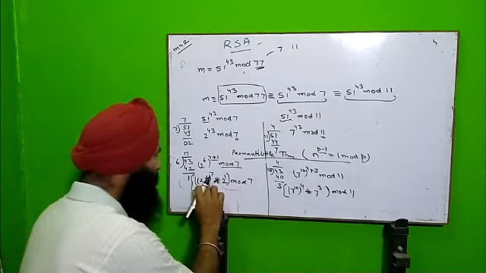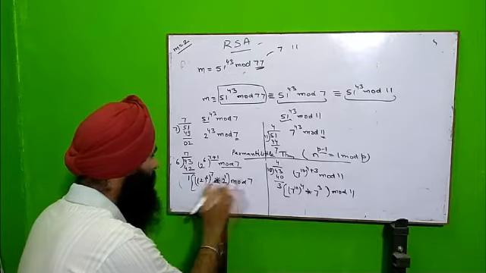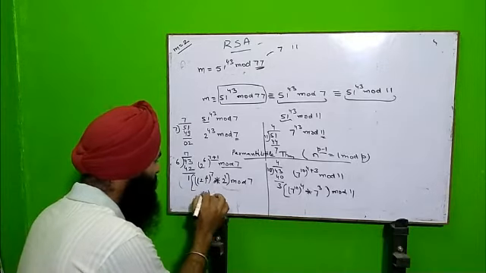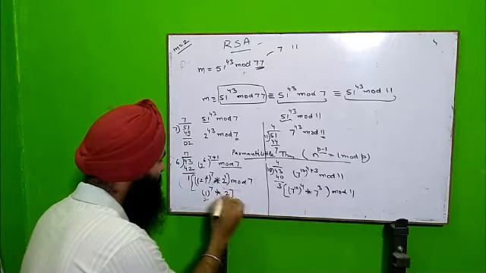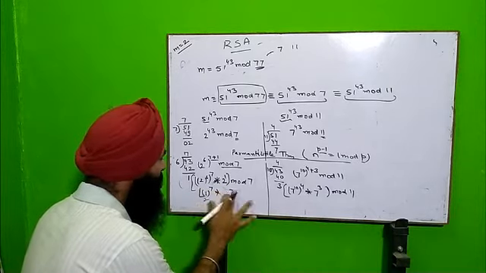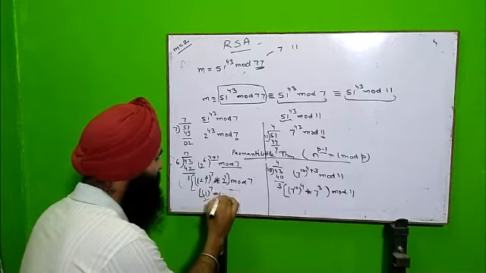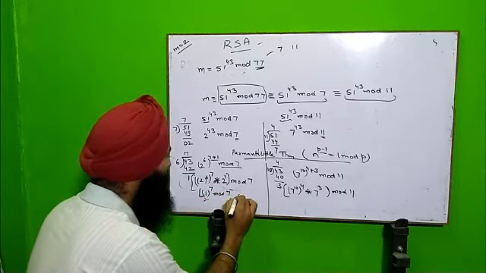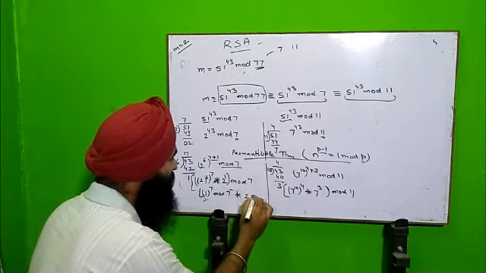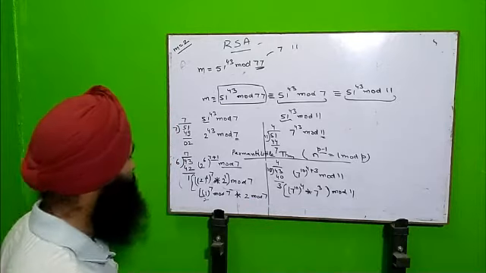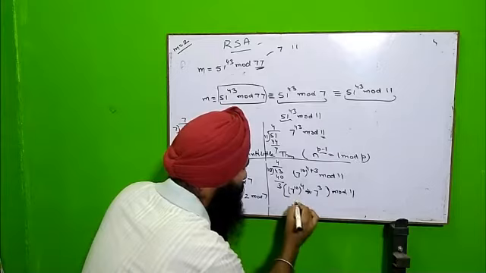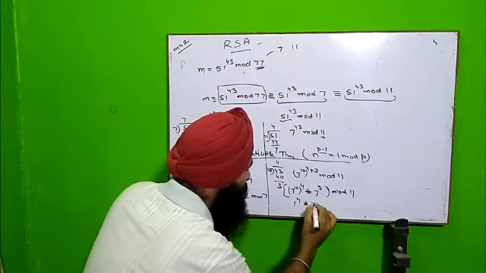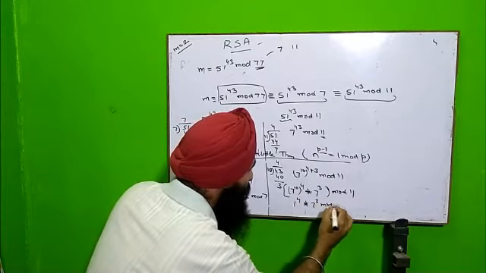So here we can directly apply this, that will be 1 raised to the power 7 into 2 mod 7. Again we will have 1 raised to the power 4 into 7 raised to the power 3 mod 11.